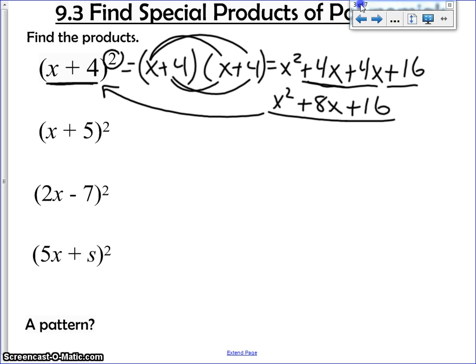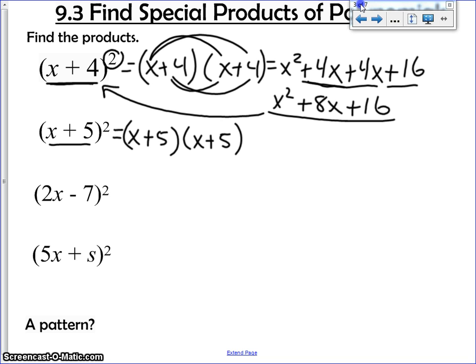Okay? Compare that to what we started with, the binomial square before we expanded it. Do you see anything? Do you see any pattern? Maybe you do. So I'm going to let you do the next couple examples. I'm going to write them out. So x plus 5 squared becomes x plus 5 times x plus 5. Okay, and then you would multiply that out and see what you get. And maybe you think you know the pattern already.